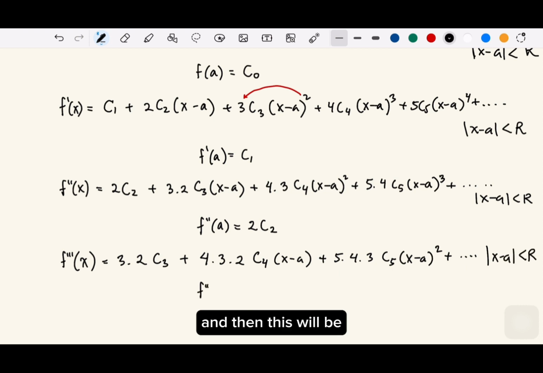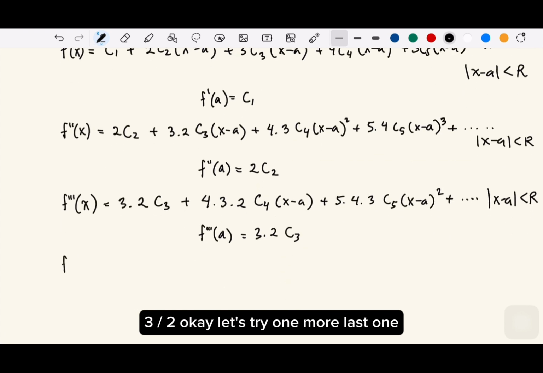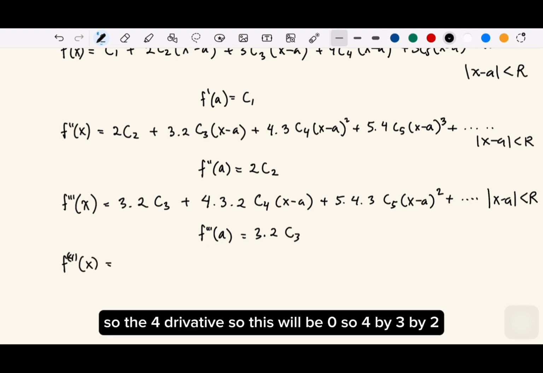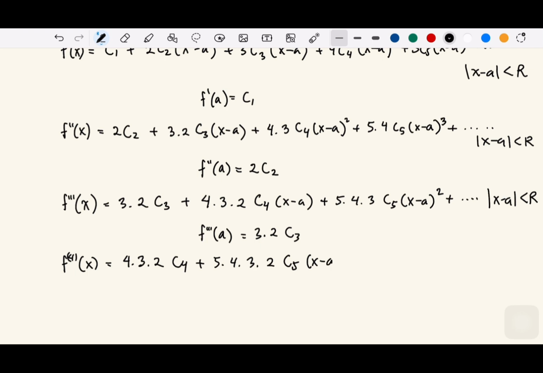Let's try one more, the last one. So the fourth derivative, so this will be 0, so 4 by 3 by 2, c4, and then plus 5, 4, 3, 2, and then c5, and then plus dot dot dot.